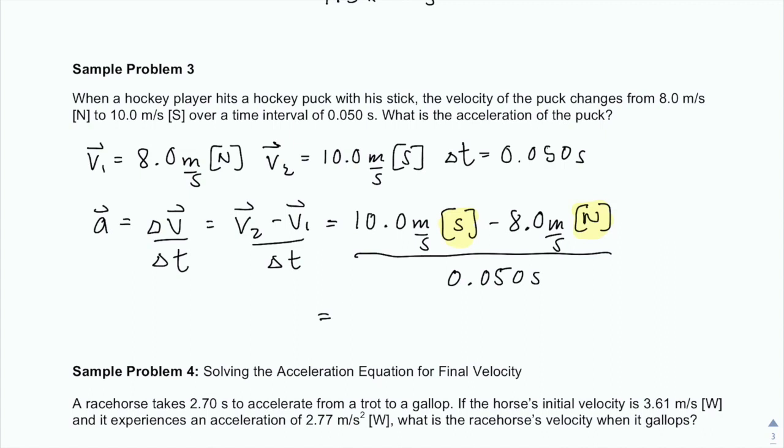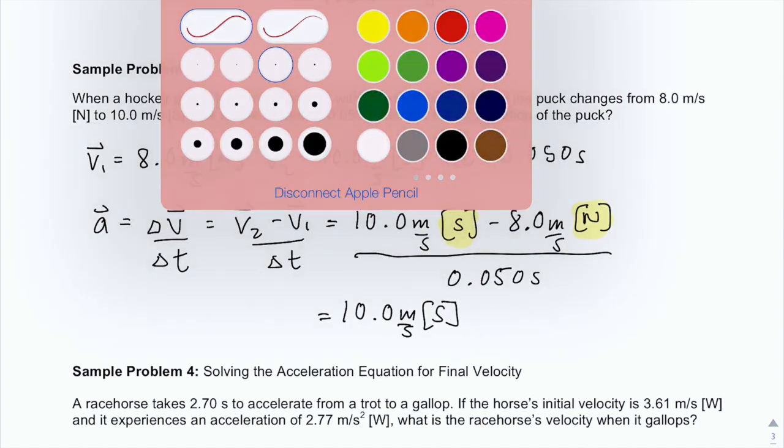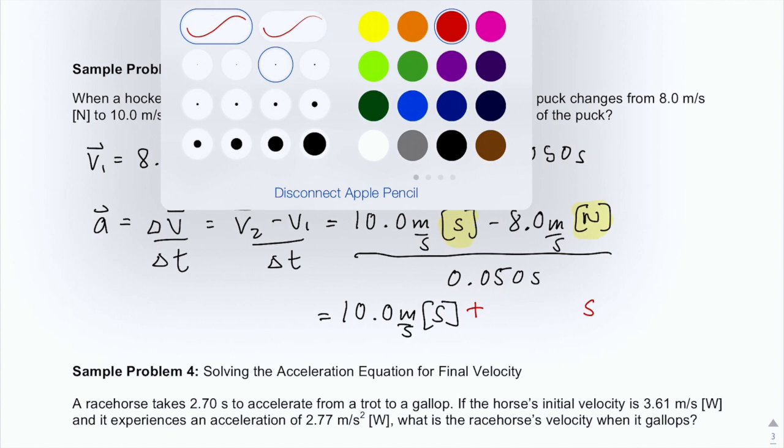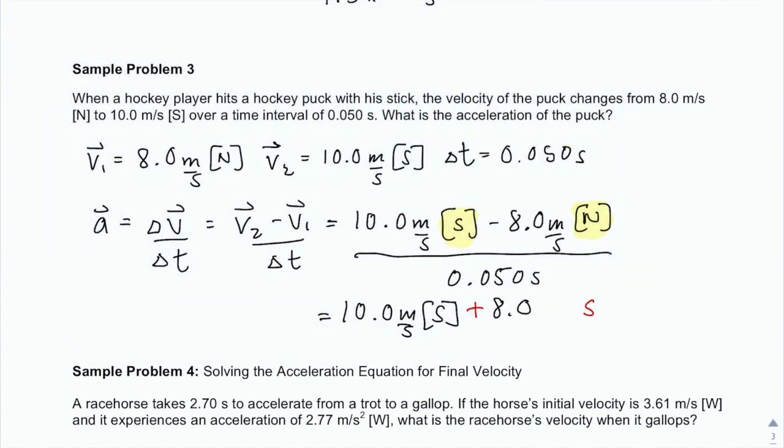So let's keep everything south. We end up with 10 meters per second south, change the sign, plus the direction to south of the second one, plus 8.0 meters per second south, divided by 0.050 seconds.